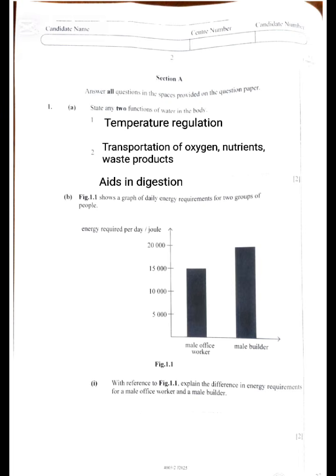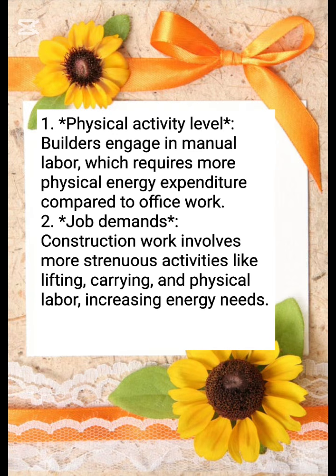So if we check on our graph, this is showing that the male builder with 20,000 joules per day has higher energy requirements than the male office worker with 15,000 joules per day. This difference can be attributed to their physical activity level.